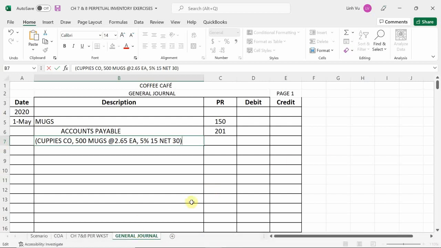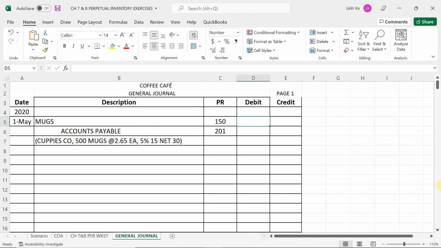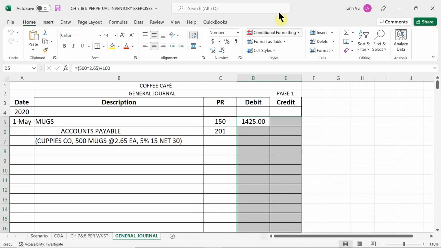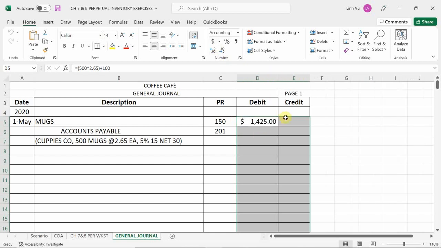Okay, so if I bought 500 units at $2.65 each, I'm going to go ahead and calculate that. 500 times 265, plus my freight of 100, should give me a grand total of $1,425, right?